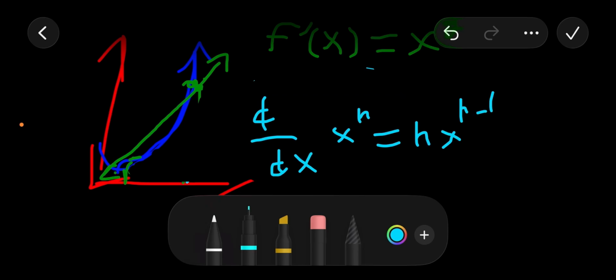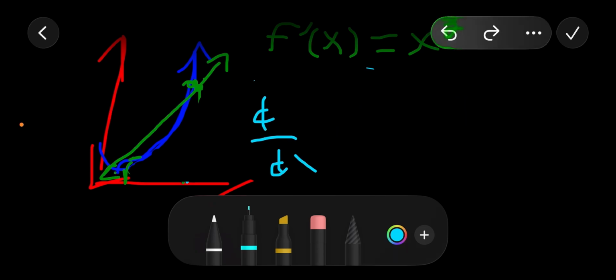In this context, we have x squared, so let's plug that in. The derivative of x squared equals 2x to the power of 2 minus 1, which is 2x. Remember the derivative power rule formula: the derivative of x to the power of n equals nx to the power of n minus 1.